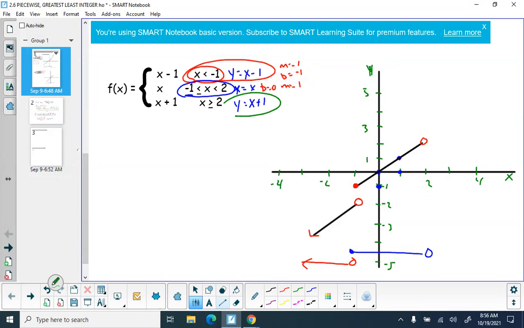And y equals x plus 1. We have a slope of 1, y-intercept of 1. Go ahead and finish your graph out. And we have to be greater than or equal to the value of 2.